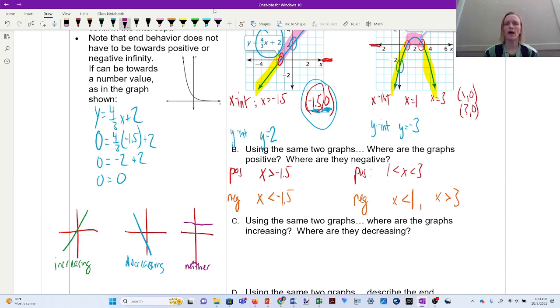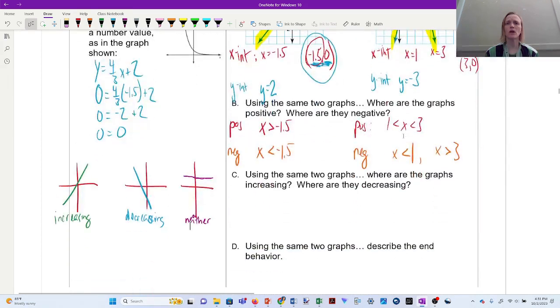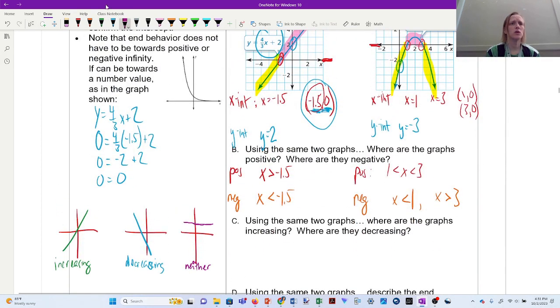So looking at the graphs we have here, where are the graphs increasing? Where are they decreasing? I'm going to look at this graph, and as I move to the right, as I increase with x, y also increases across the whole graph, and so this is increasing.